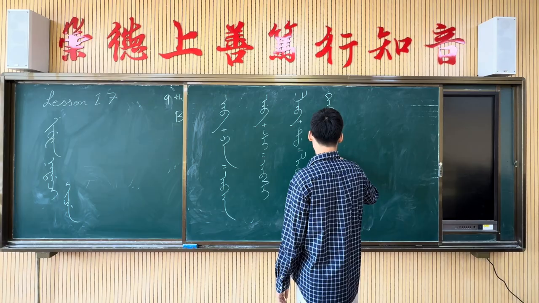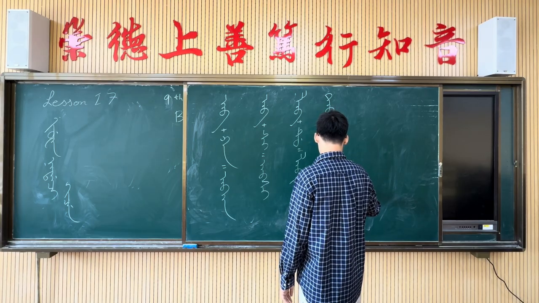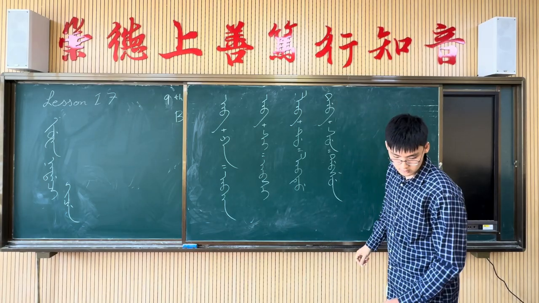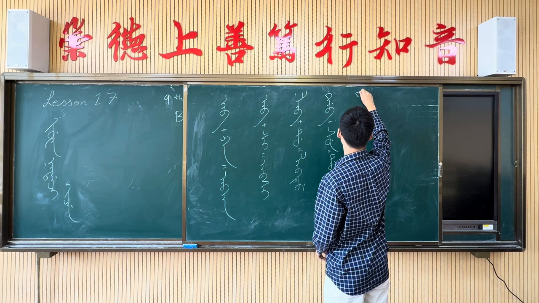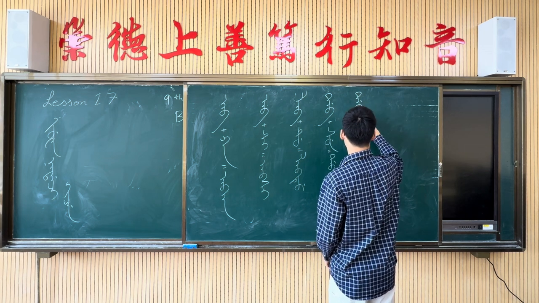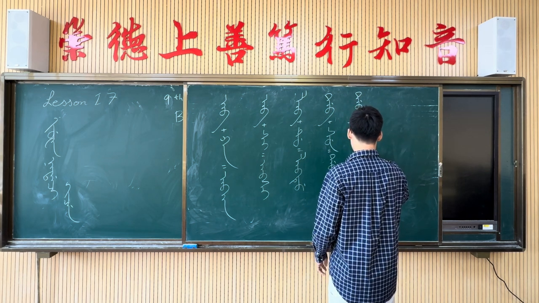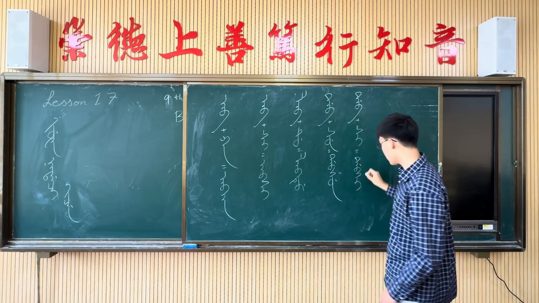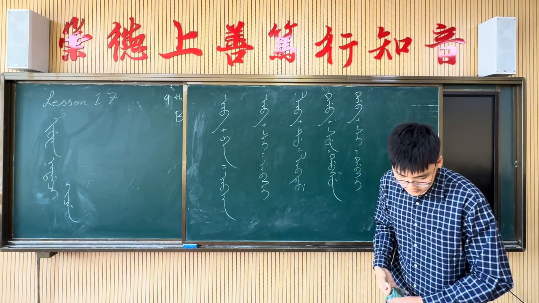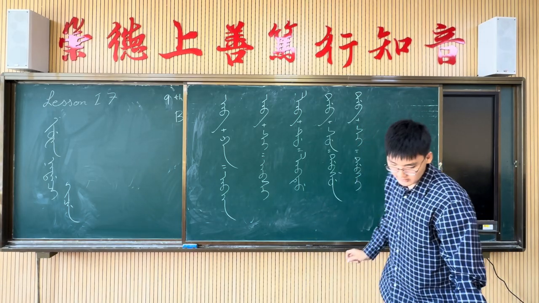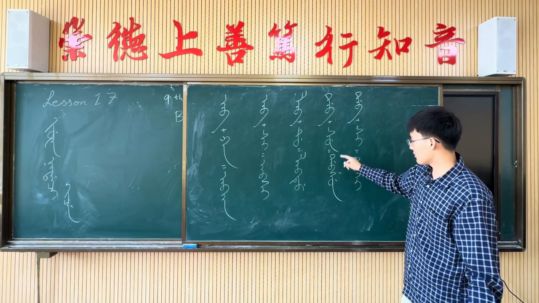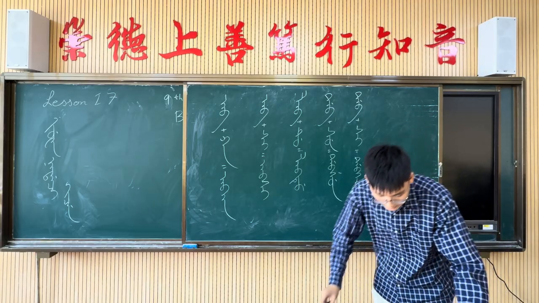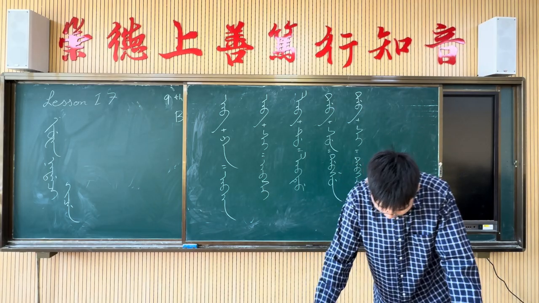Okay. Now moving on to the next three characters, we have Dabsun. Then we have Dabsi, right? Last we have Topgya. Okay, I forgot to say what these two mean. So Dabsun means shoulder, and Dabsi means birch bark barrel.